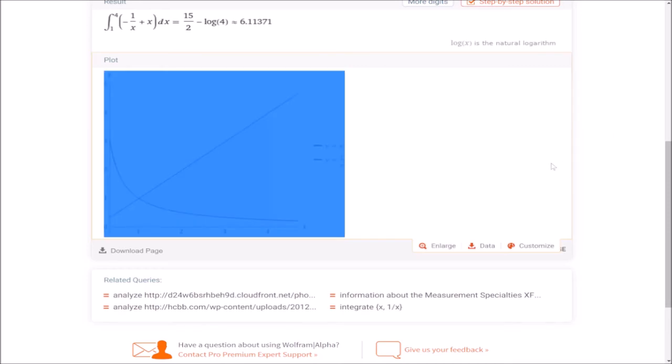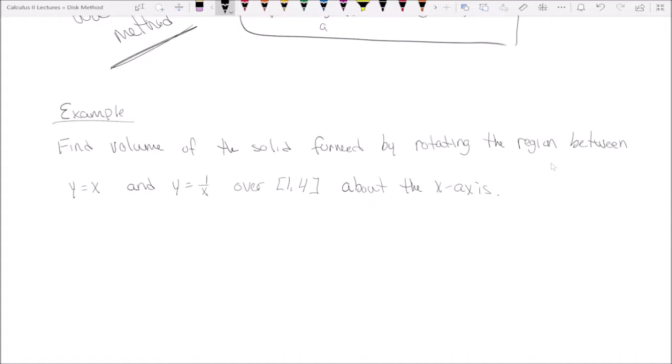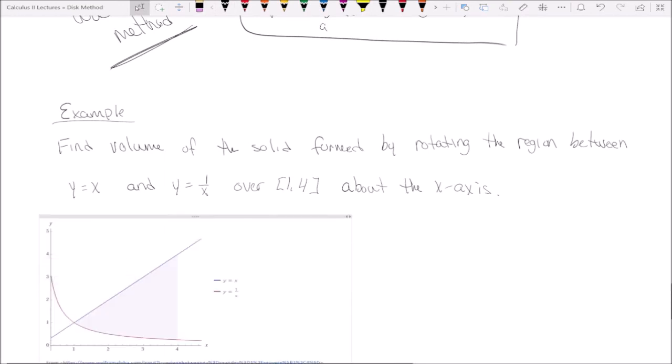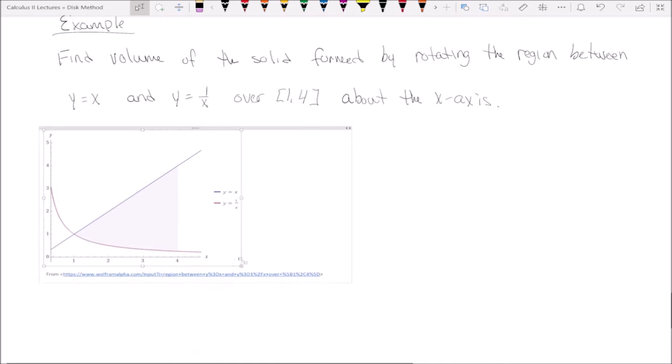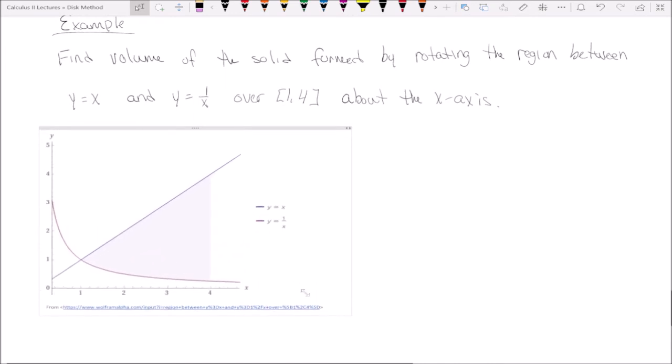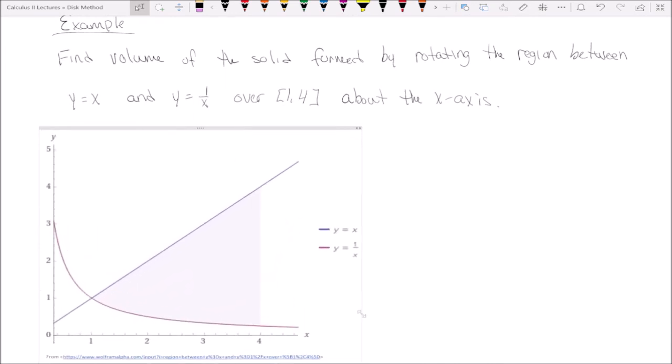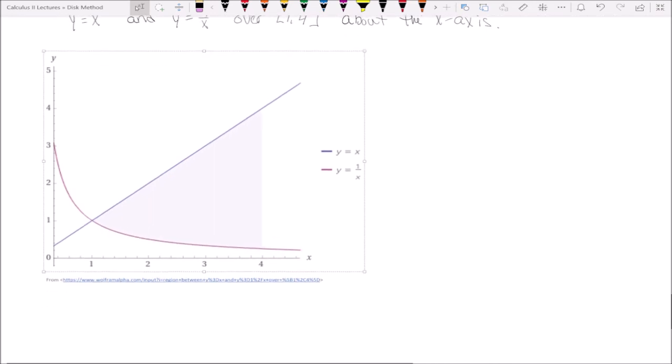So there's our region, and we're rotating it right there.